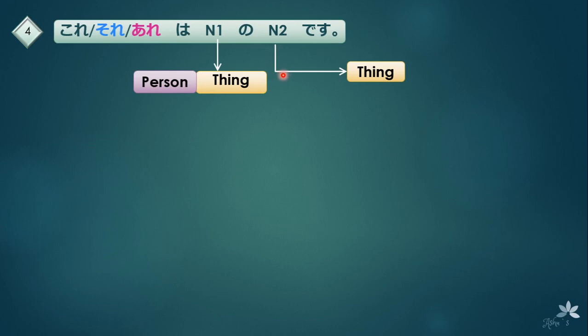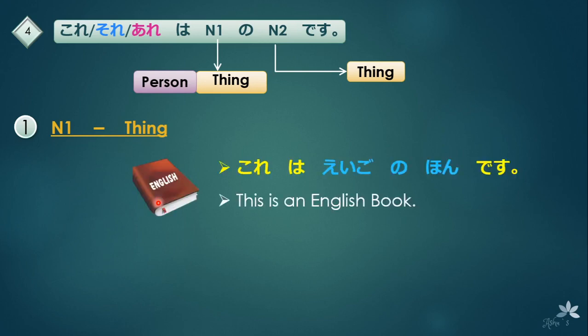N2 should always be a thing. Let me explain you differently. Let's take up N1 as a thing. When N1 is a thing, it will be like N2 is about N1.